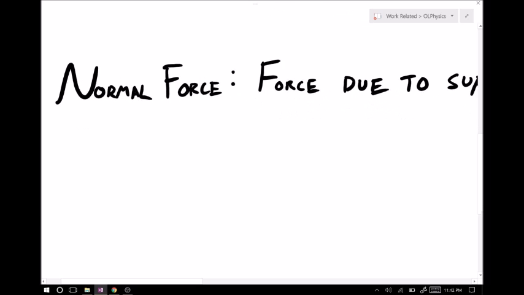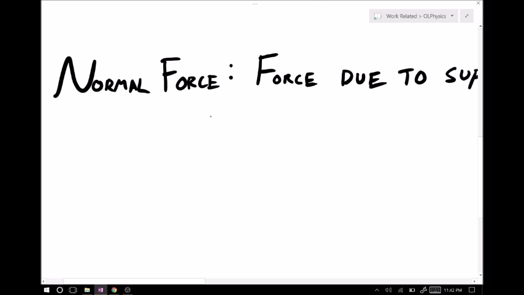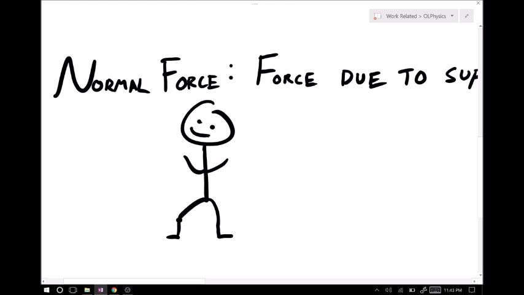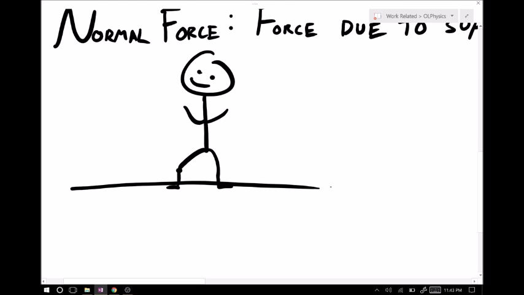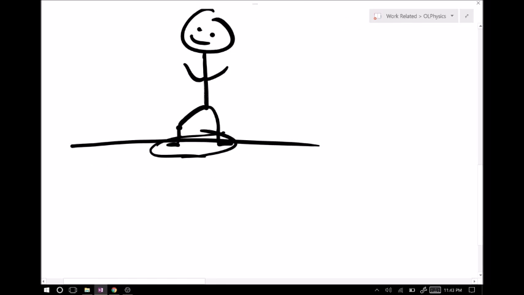Really quickly, if we look at a simple example, let's say there's a person and they are just standing on the ground, and they're happy. What we're going to do is look at the ground right underneath where they are standing. Let's pretend we could zoom in really closely.